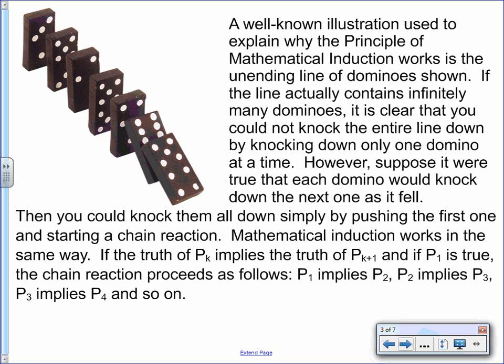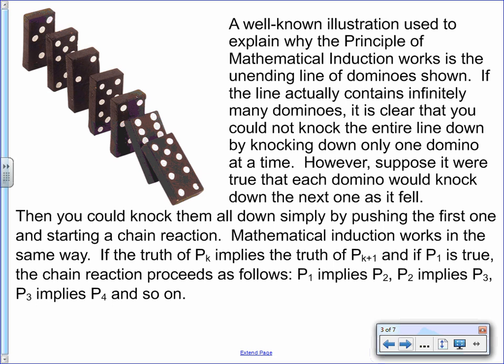So if we can take this sequence that we're working with, and we can show that this shortcut summation is true for 1, then we can pick any random domino, that's our k. If I plug in k instead of n, that's just saying, choose a random domino and make sure that it's going to hit the one after it. So we're going to plug k into our formula.